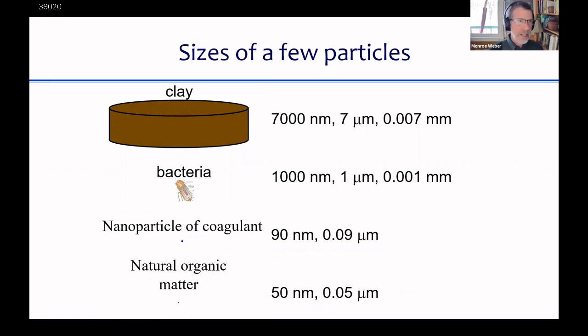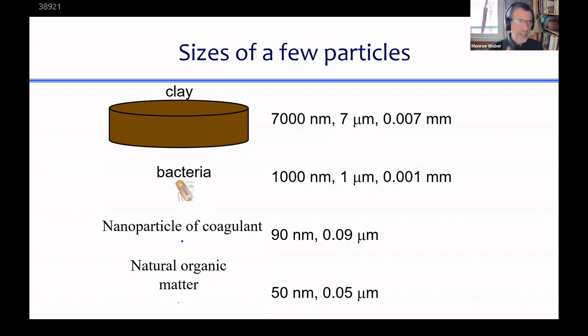So if you want to think about it in nanometers, a clay particle is 7,000 nanometers or 7 micrometers, roughly. Bacteria is 1,000 nanometers or 1 micrometer. And then the natural organic matter might be 50 nanometers in diameter. And some of the chemists might argue about whether all of these things are in solution or whether they are in suspension.